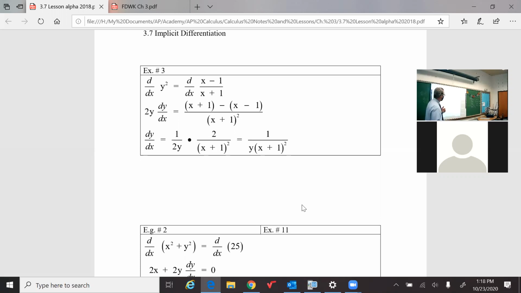Okay? So in this problem, you've got the implicit differentiation on the left. You've got the quotient rule on the right. The rest of it's algebra. But here, you see that the slope of the curve depends upon x and y. Right?